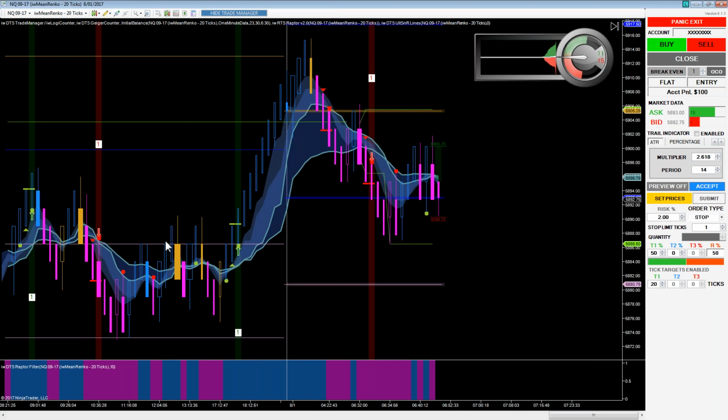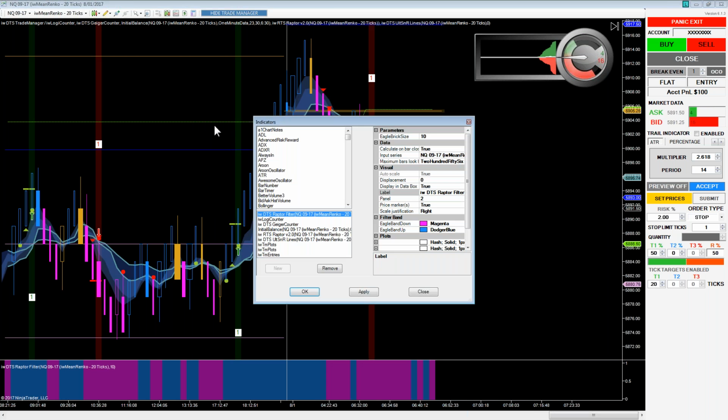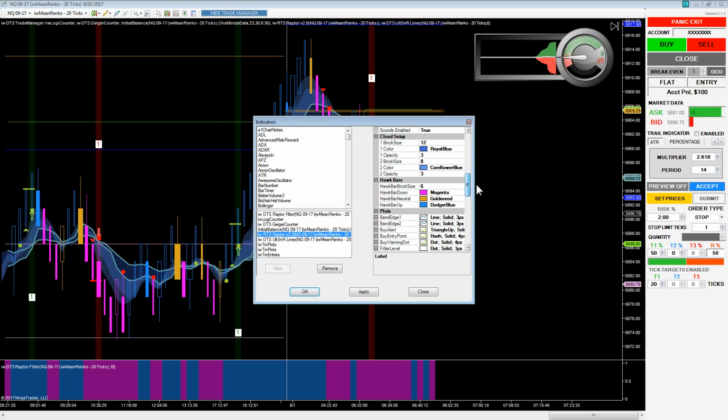If you're not happy with how those signals are and you want to expand your clouds, then we need to go here to the indicator window and go to the Raptor. And now we're going to adjust our clouds.